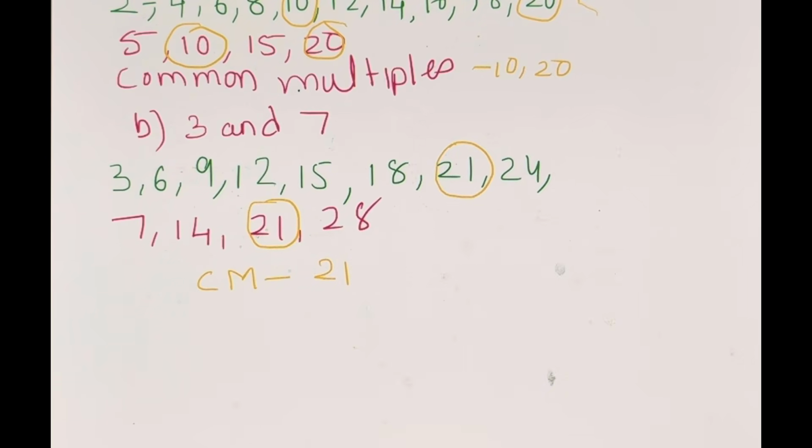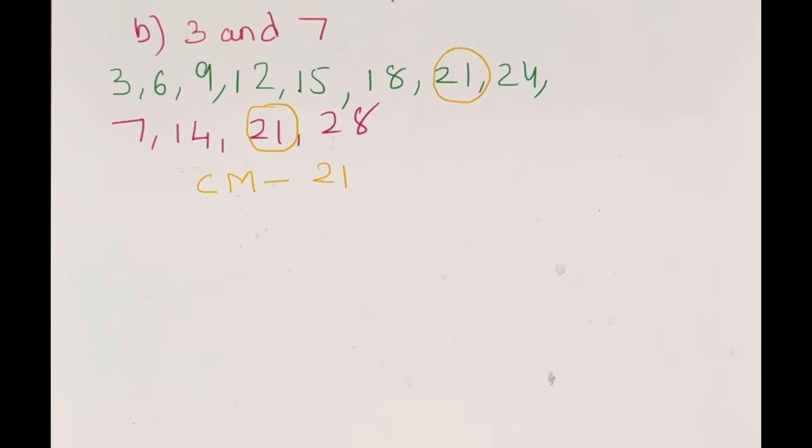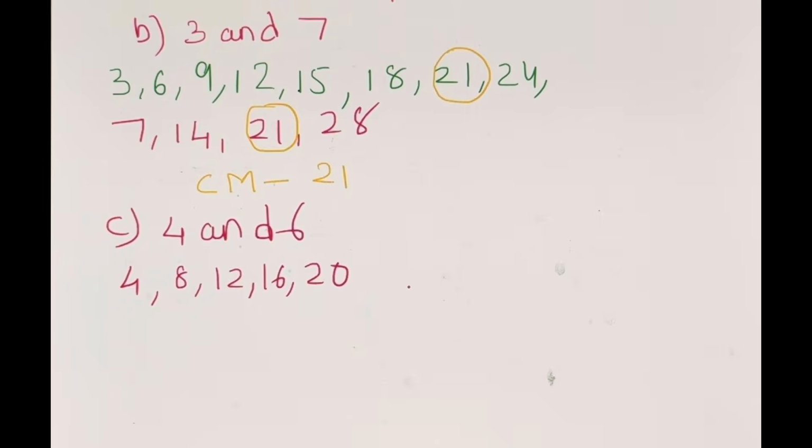Now for question C is for 4 and 6. So let us write multiples of 4: 8, 12, 16, 20, 24, 28, 32, okay, and so on. Similarly, multiples of 6.